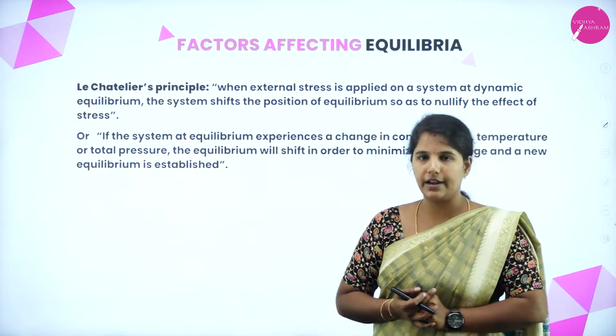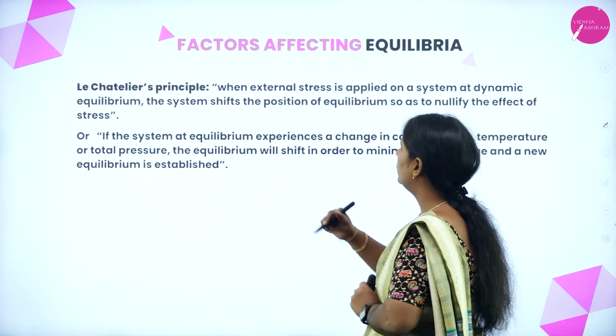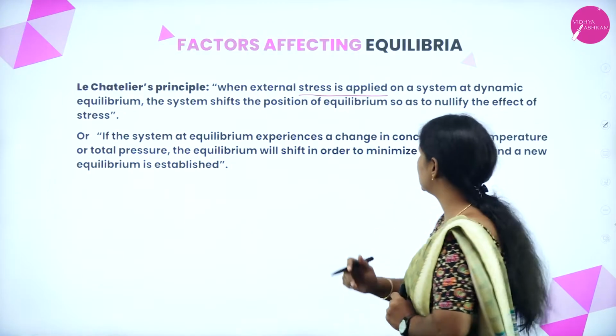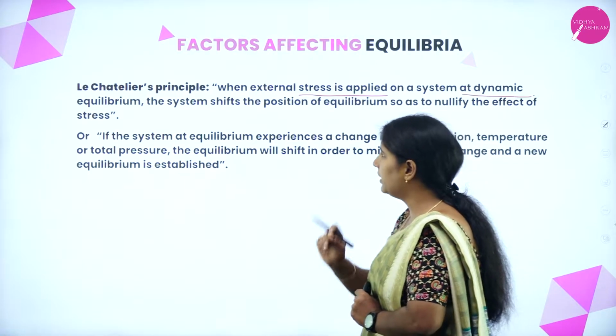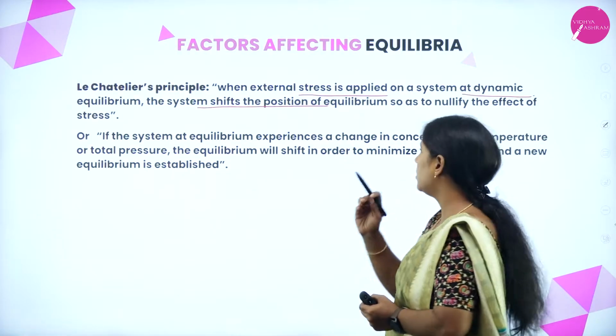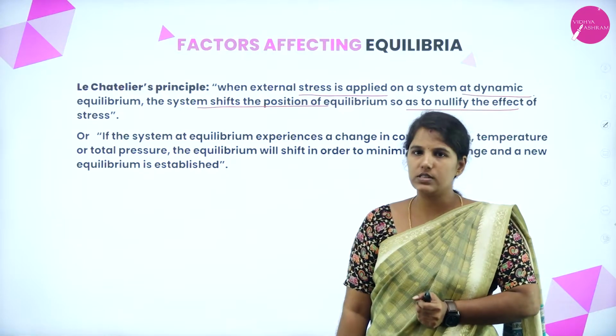Let us understand now. Le Chatelier's principle states that when external stress is applied onto a system at dynamic equilibrium, the system shifts the position of the equilibrium so as to nullify the effect of stress.